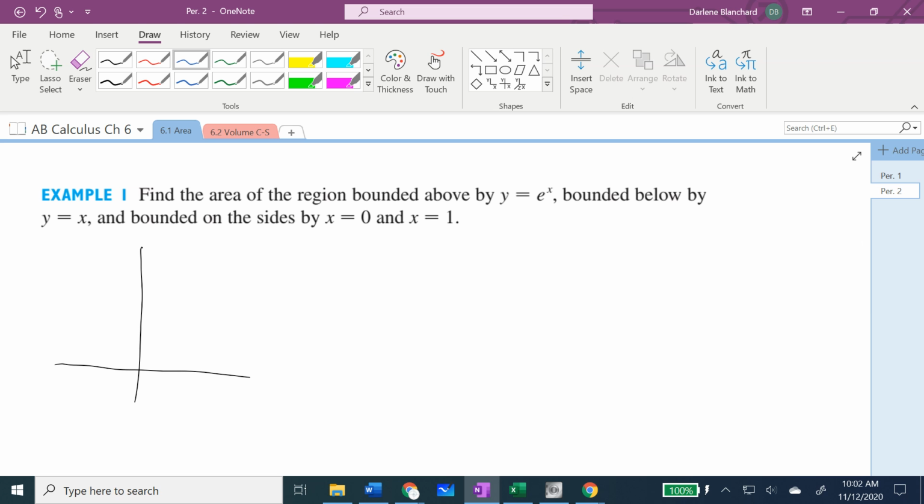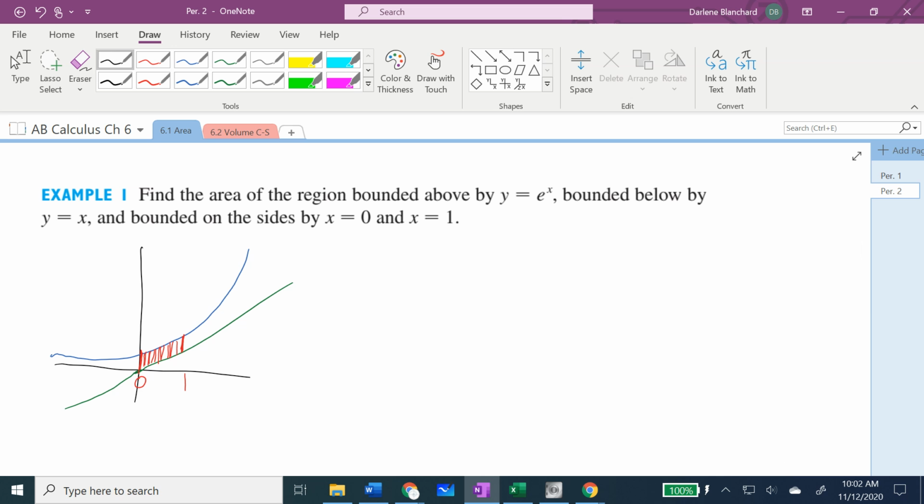So you're remembering, what does e to the x look like? How does y equals x go? And between 0 and 1. And if you draw a bunch of vertical lines, that'll show you the region and also kind of show you the rectangles while you're at it.